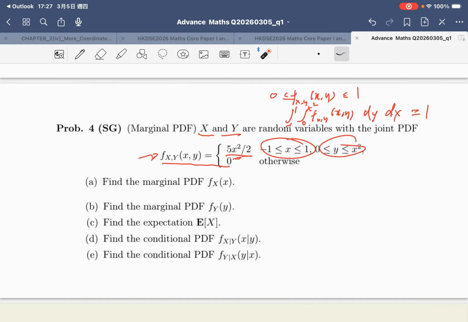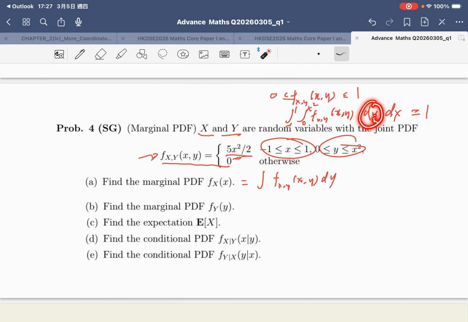But anyway, it is the definition of a bivariate random variable. In order to find the marginal function of f(x), you have to integrate f(x,y) with respect to dy. That is why I have to do the integration of dy first.